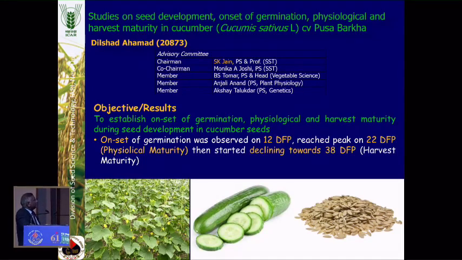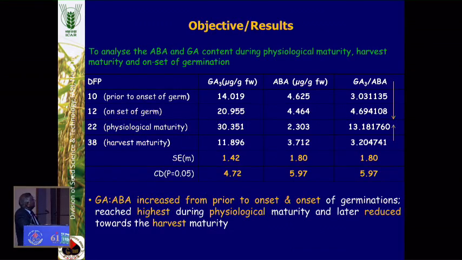the onset of germination started on 12 days from pollination. We reached physiological maturity on 22 days from pollination and on 38 days from pollination towards the harvest maturity. He has also studied the GA and the ABA ratio at the different stages of seed development.